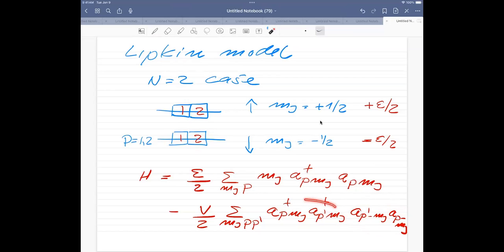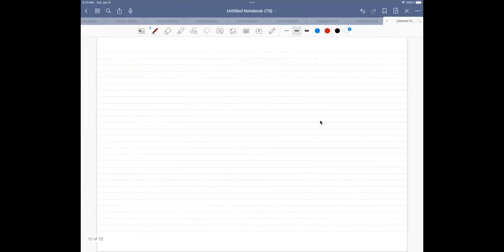Then what this is doing is that it then creates a pair again, but you see now that the states have changed here to a new mj, and these mj's have to have the opposite value of the other ones. So what is this term doing? So before we list the final term, let's now just look at what this V term is doing.